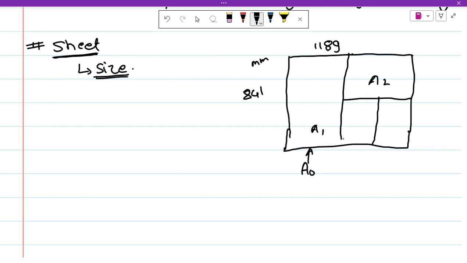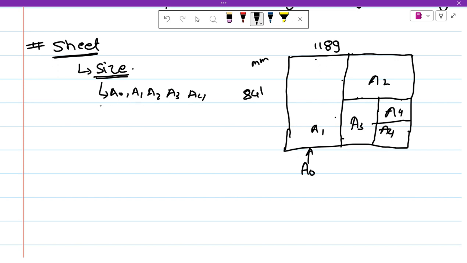This division in half creates A3 and A4. Similarly, this line exactly divides the upper lines into half. So there are standard sizes of A0, A1, A2, A3, A4.